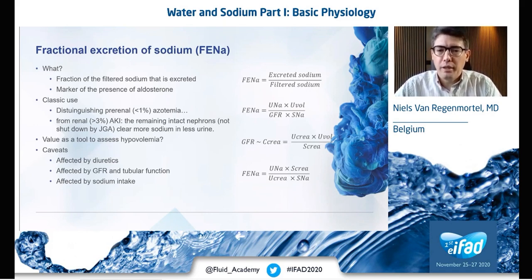Of course, when the aldosterone is acting there, we could see a decrease in FENa, a decrease in this fractional excretion of sodium, and by looking at very, very low FENa, we could interpret this as the action of aldosterone, and as such as hypovolemia, as the action of a hormone that is trying to deal with hypovolemia, which is a very, very sensitive marker.